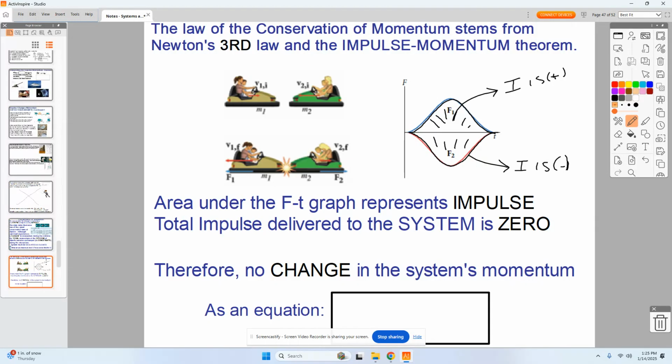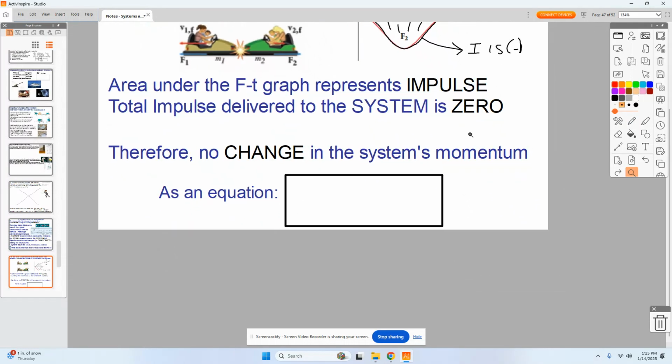As an equation, I'm going to write that down for you so you guys can use this equation to solve conservation of momentum problems. It's a really simple equation to write. Summation, because systems usually contain more than one object.